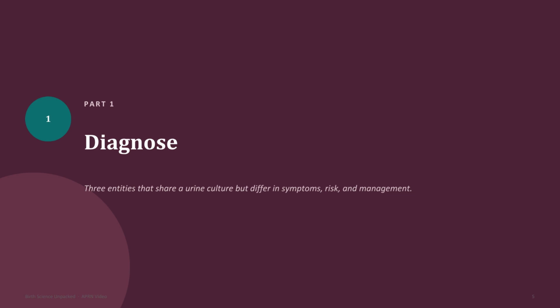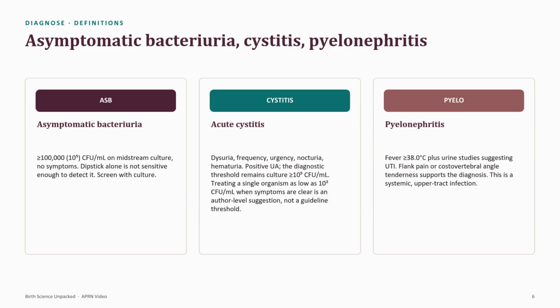All right, let's start with part 1, diagnosis. The single most common error is treating all 3 the same, but they're not the same. Let's define all 3. Asymptomatic bacteriuria is 100,000 CFUs or more and no symptoms.